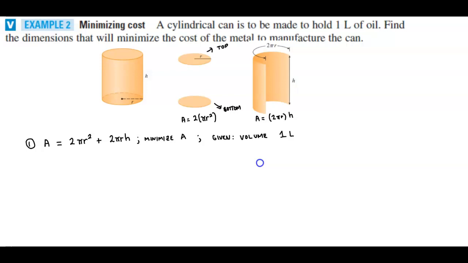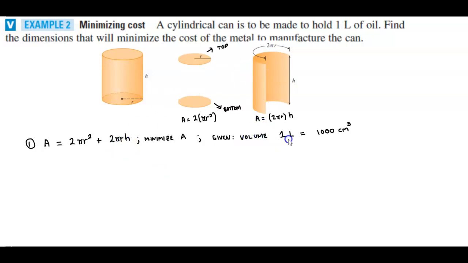And if we want to convert that 1 liter into cubic centimeters, we can set that equal to 1,000 cubic centimeters using that conversion.